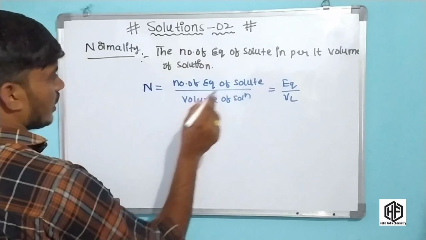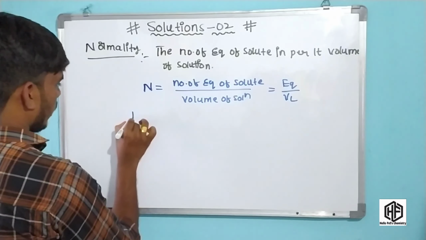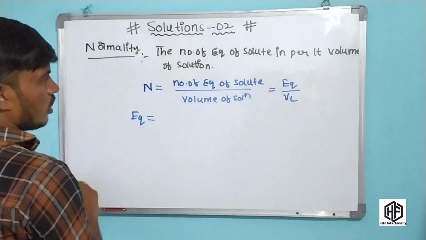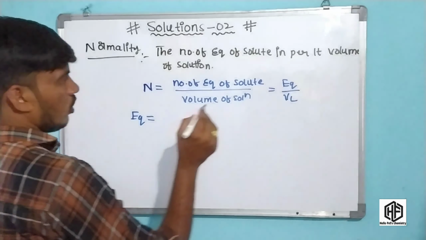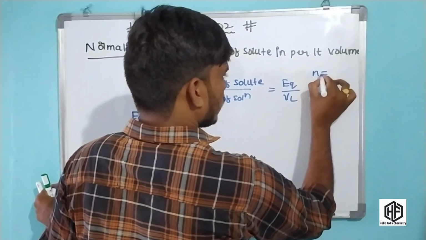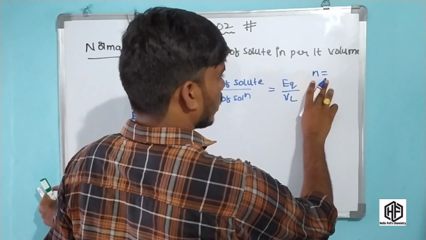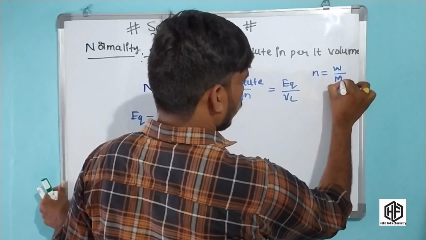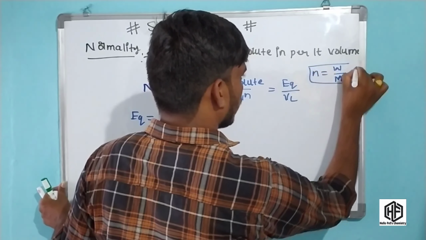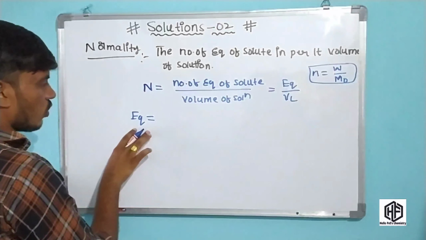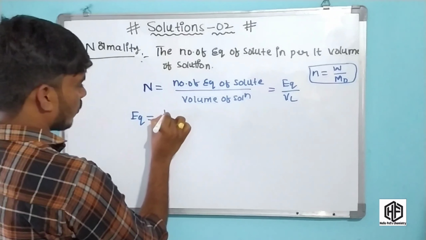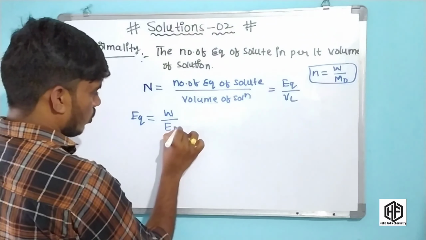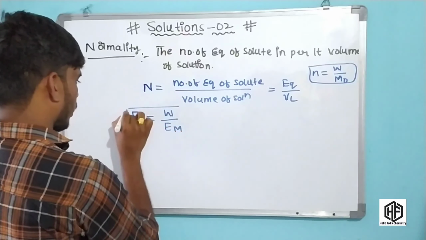Now what is equivalent? For example, number of moles is the weight of solute by molar mass of solute. As well as, equivalent is the weight of solute by equivalent mass. Okay friends, this is very important.